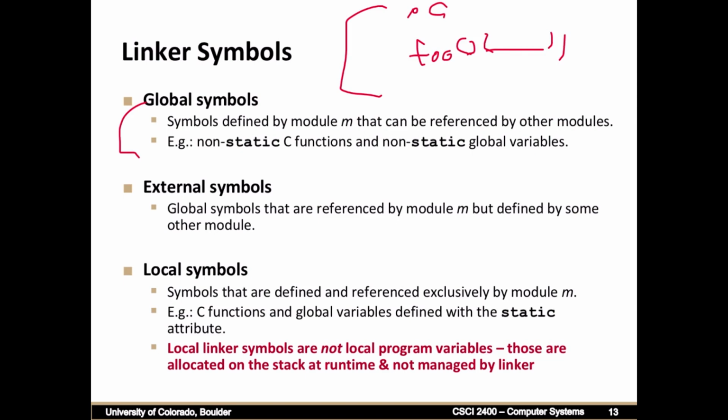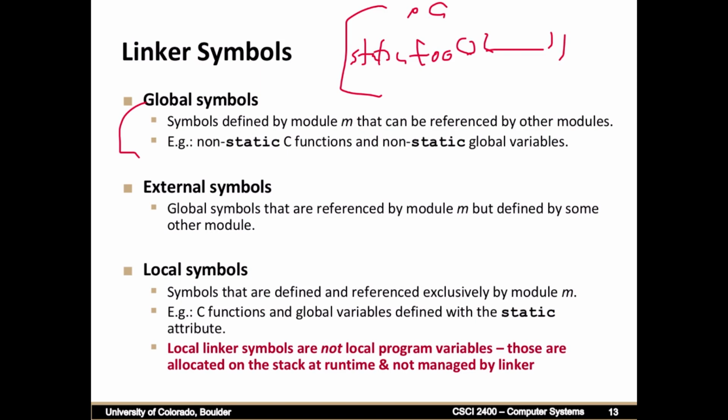And that happens because the symbol foo is put into the symbol table. If I put the word static in front of this, the code for function foo will still be included in this .o file when it's compiled. But the symbol foo will be in the symbol table marked as a local symbol, and it will not be able to be accessed by other modules. It will not be a global symbol.